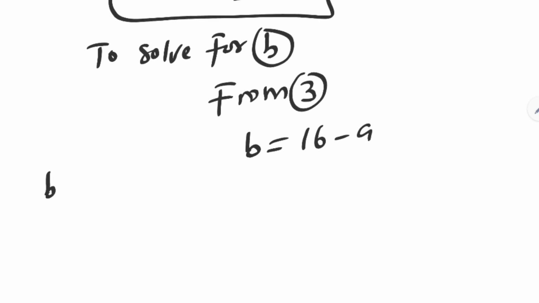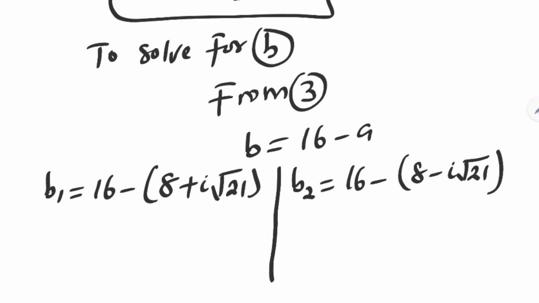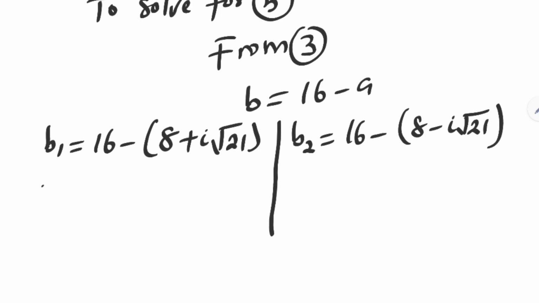Now, B1 is equal to 16 minus A1, which is 8 plus I root 21. And B2 is equal to 16 minus A2, which is 8 minus I square root of 21. B1 is equal to 16 minus 8 minus I root 21.